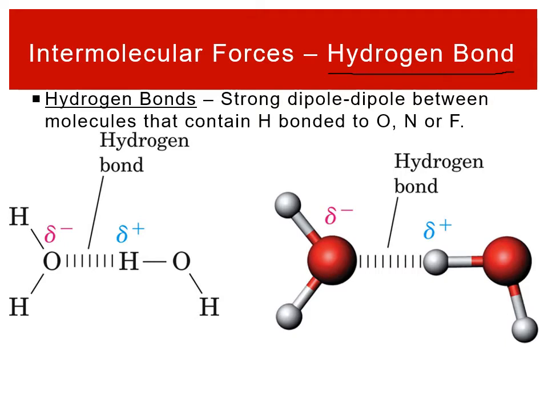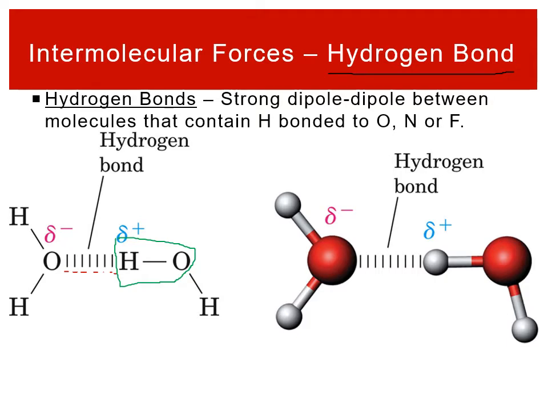The hydrogen bond is the intermolecular force, this right here, that is linking these 2 molecules. You can see the positive on the hydrogen is interacting with the negative on the oxygen. That intermolecular force is made possible because of this covalent bond between the hydrogen and the oxygen.